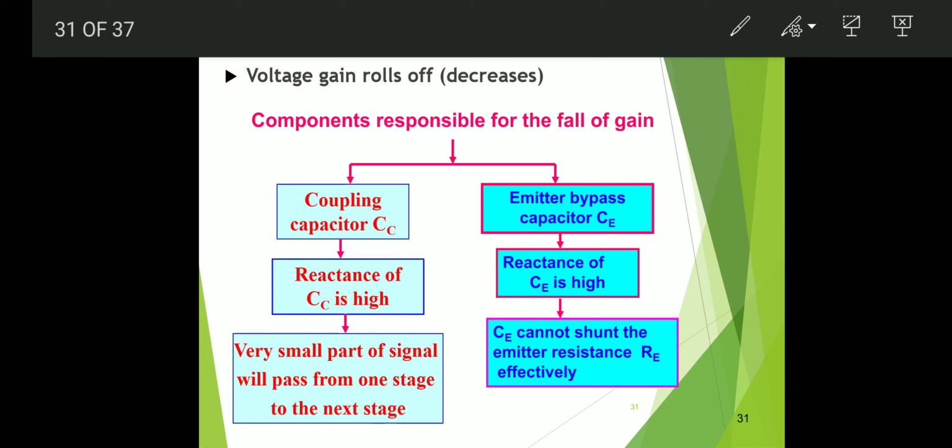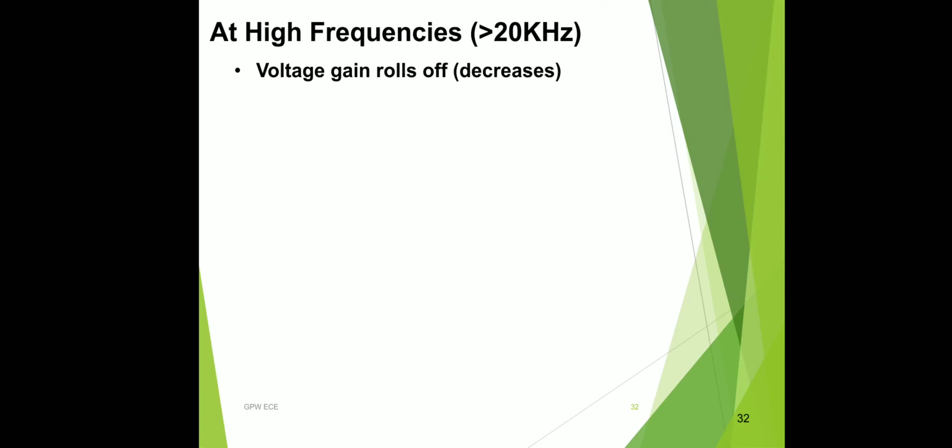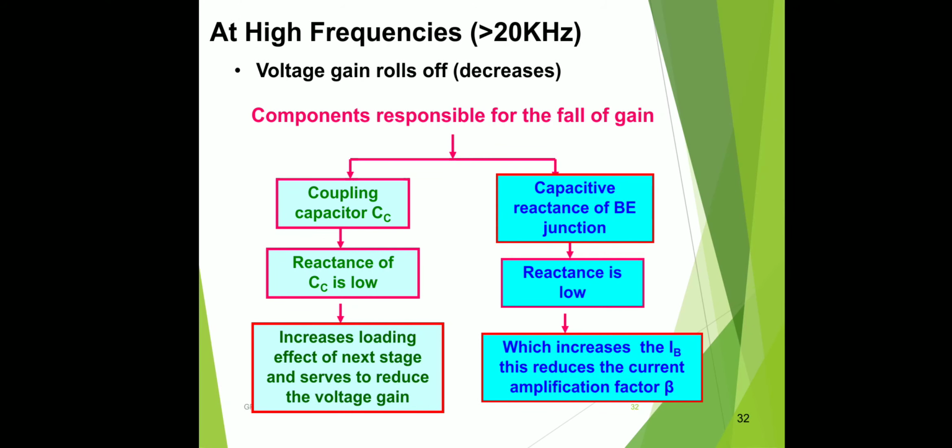Now the second case is at higher frequencies. When the frequency is greater than 20 kHz, here also the gain decreases. This is also due to two capacitors. One is the coupling capacitor Cc, and the second is the capacitive reactance of the base emitter junctions.